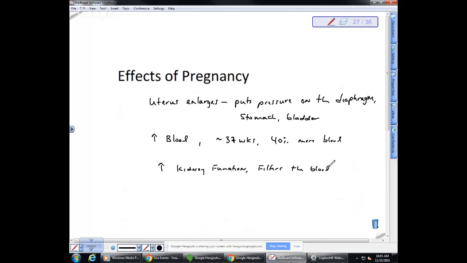And also there is possibly a problem with an increase in blood pressure because of this extra blood. So we have a problem that is known as preeclampsia. And preeclampsia in a pregnant female is an increase in blood pressure.